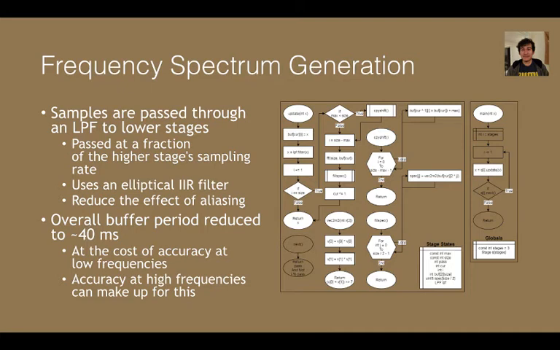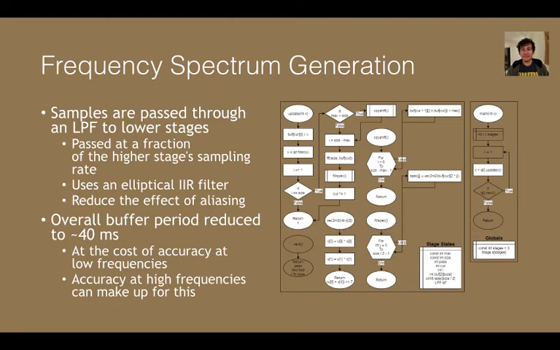In order to pass samples through the lower stages, they need to be passed through a low pass filter, and the amount of samples that are passed is determined by the fraction of the higher sampling rate compared to that of the lower stage.